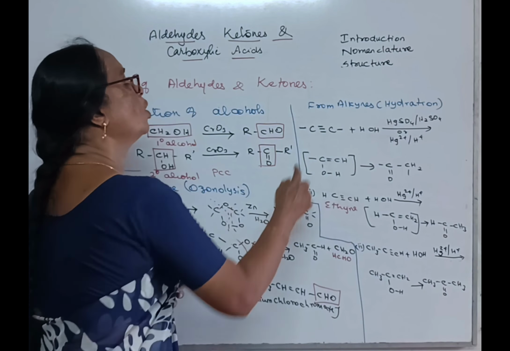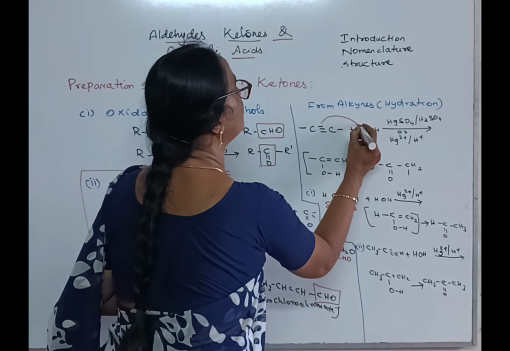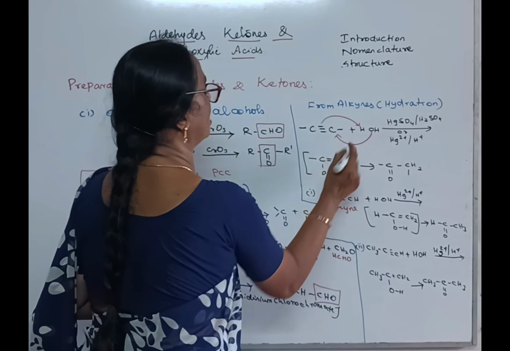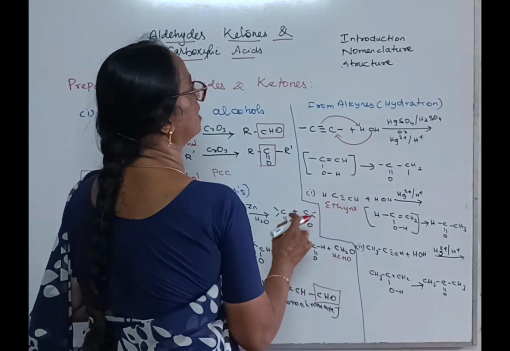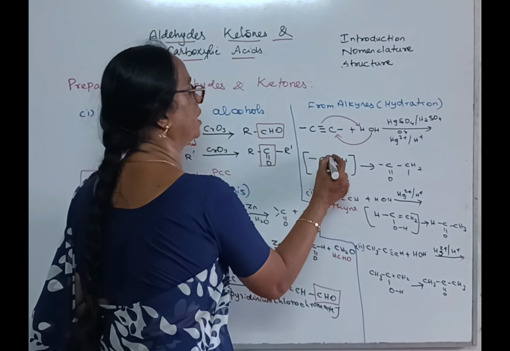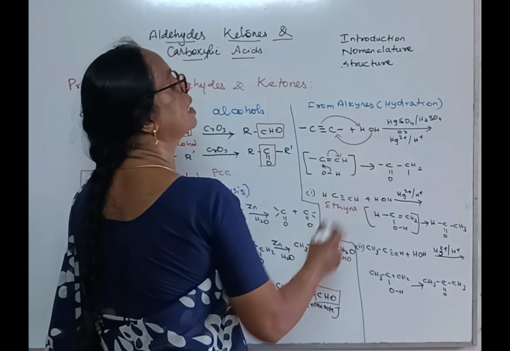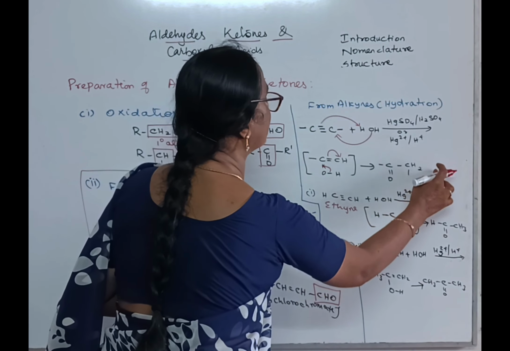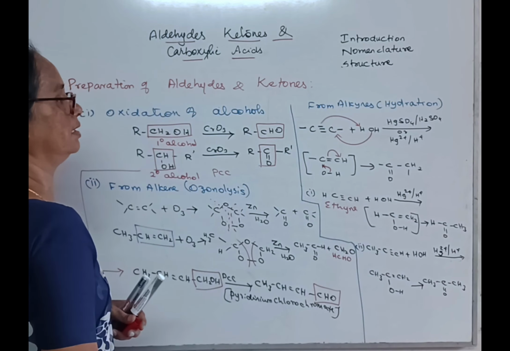When the C triple bond C is added with a molecule of water, you may find one of them that goes like this. We can have C-OH with the CH structure, and here the hydrogen atom of the OH group moves towards the doubly bonded carbon. So we get the structure like that.